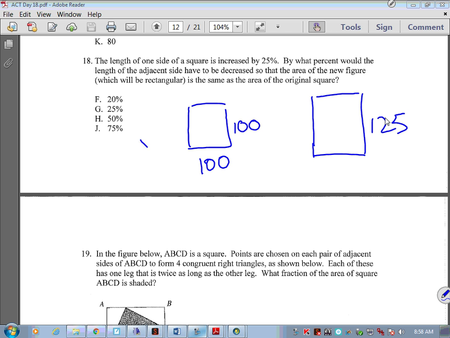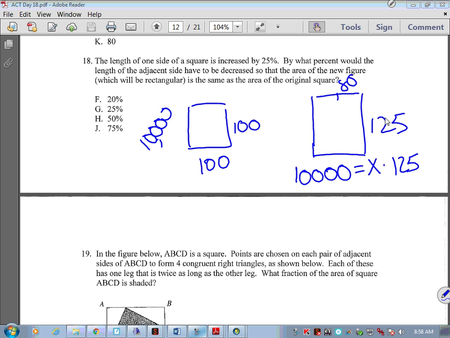100 times 100 is 10,000, right? If I want it to be the same area, it's 10,000. So 10,000 equals x times 125. So I need to take 10,000 divided by 125, which is 80.